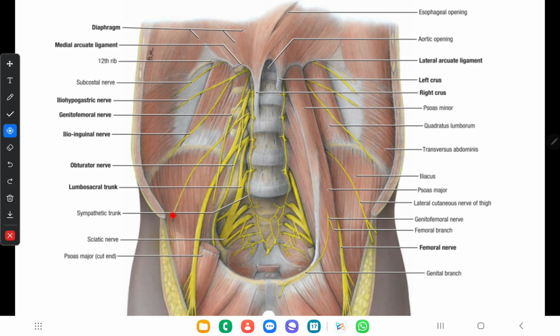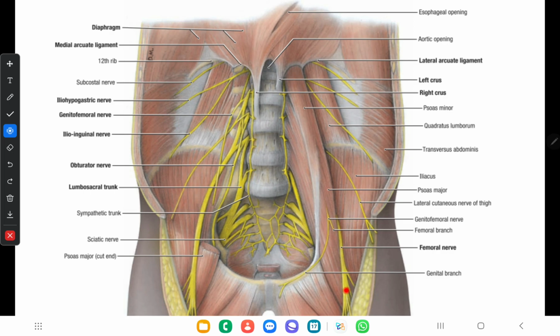Here in this area there is the inguinal ligament, although you cannot see it here. And then it supplies the skin over the lateral surface of the thigh.